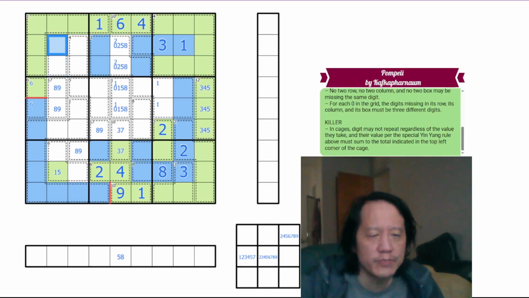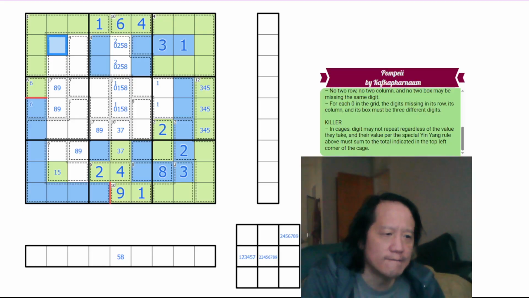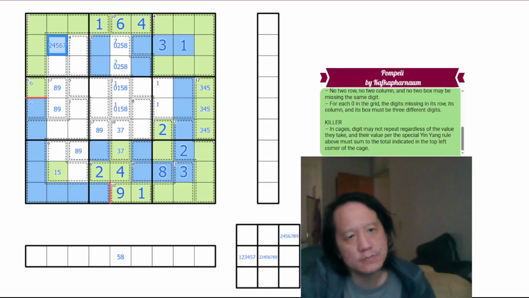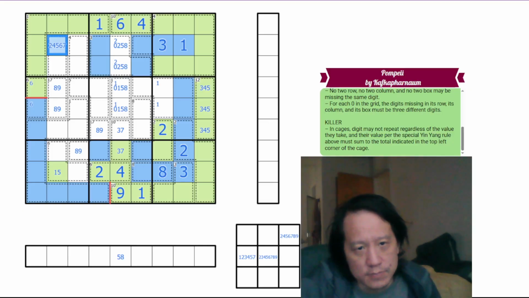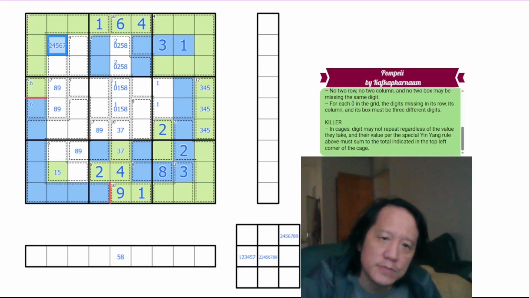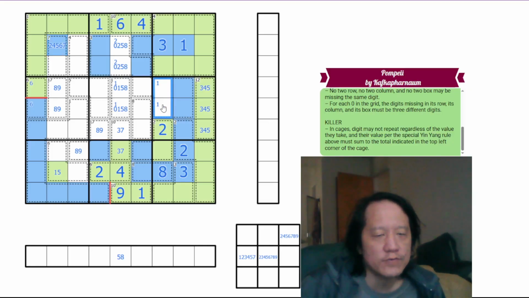This cannot be 1, 3. This could be 2, 4, 5, 6, or 7 here. One of these is green, one of these is blue.